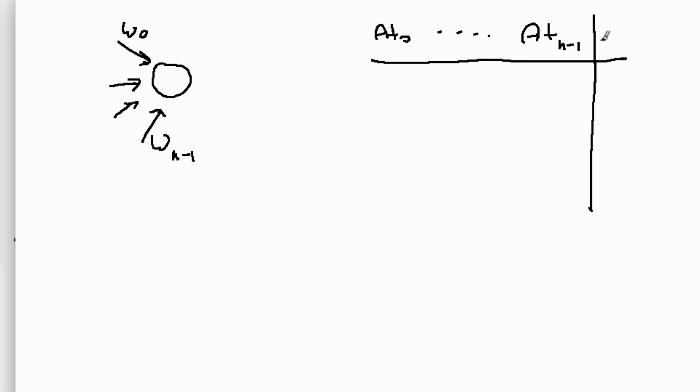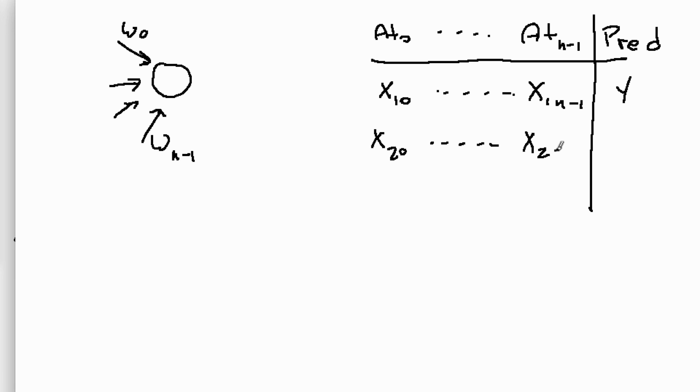And we have some prediction over here. This might correspond to x1,0 all the way up to x1,n-1, and maybe this is yes. And over here I've got x2,0 all the way up to x2,n-1, and that's a no, and this goes all the way down like that.